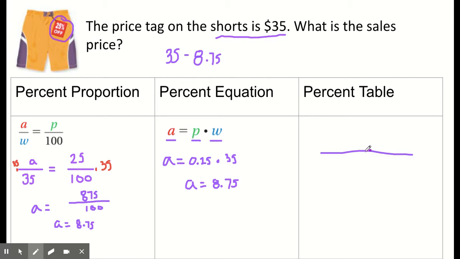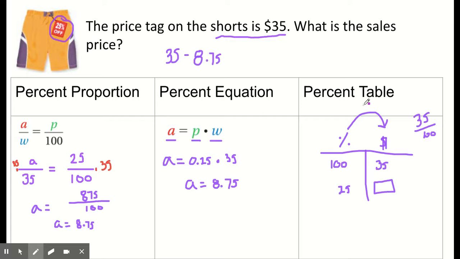Using the table, percents go on one side, money or a number amount will go on the right. 100%, the entire amount, is always the original. And then the 25% is what we're trying to find, the part of the whole. All right, so I have to find the constant of proportionality, so I'll divide 35 by 100.